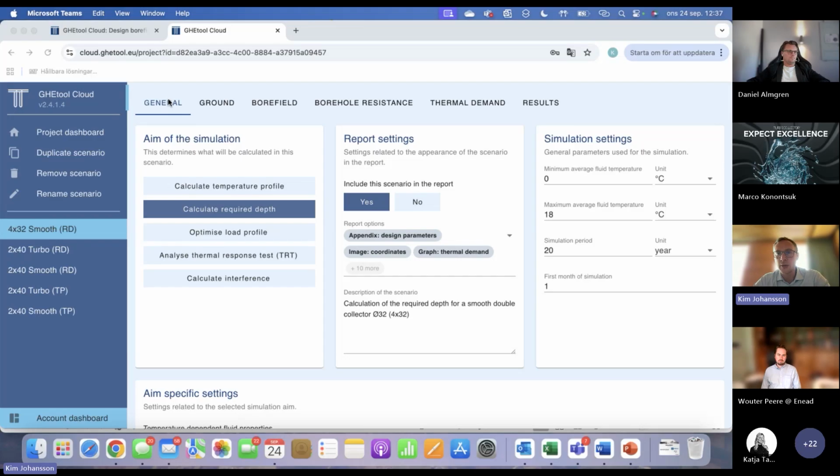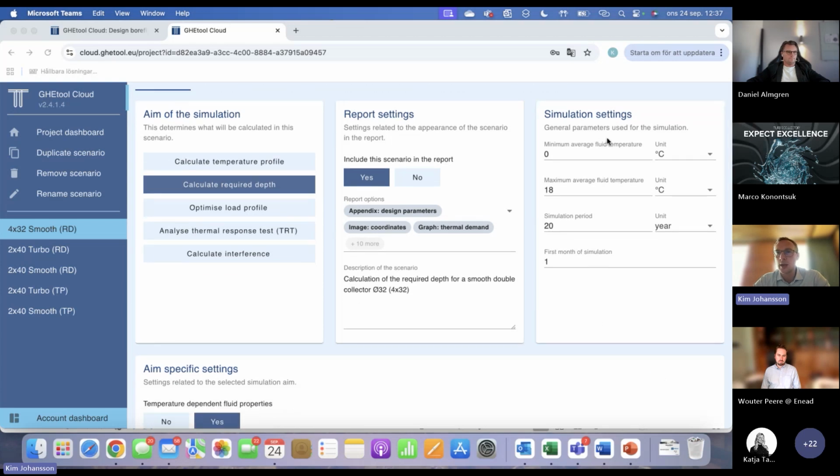So first, under the general settings, we need to make some limits to the simulation. And the first thing we do is to determine what is the minimum average fluid temperature that we could tolerate. And in these scenarios, we have put that as 0. And we have put the maximum allowed fluid temperature to 18. And we will simulate a period of 20 years.